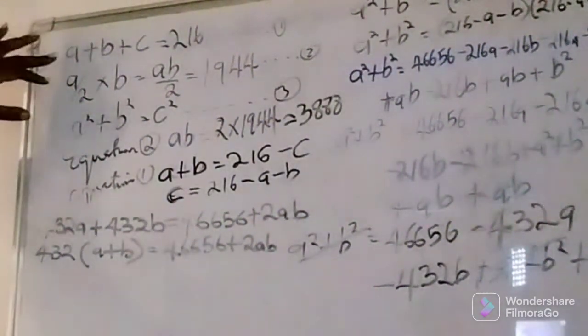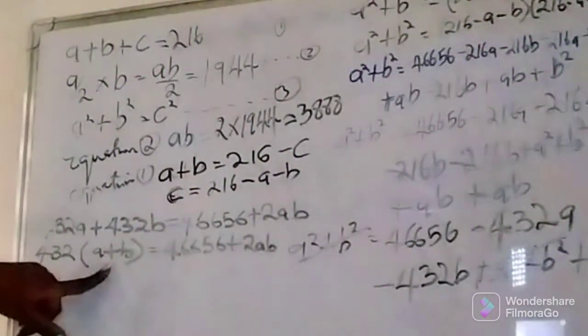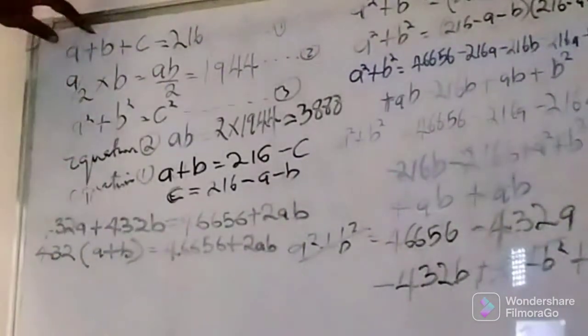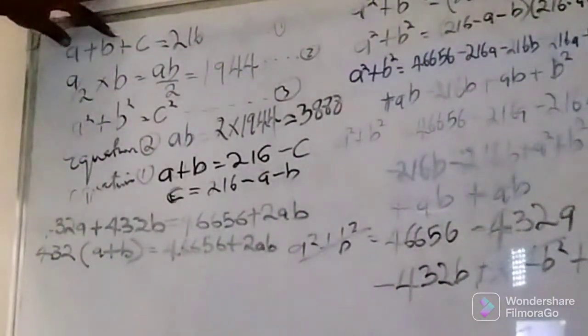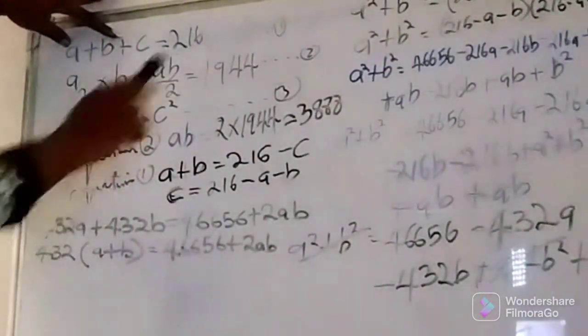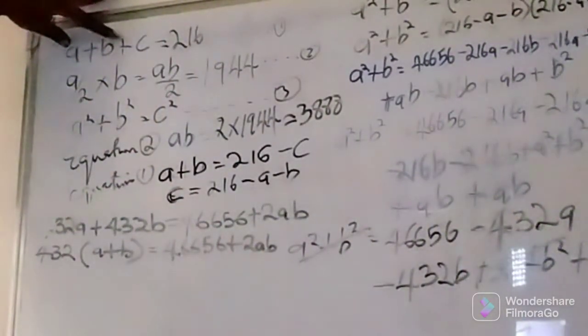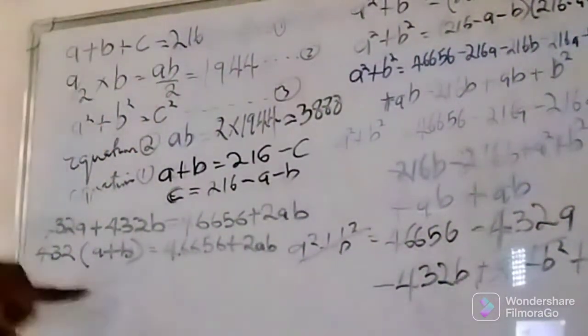So if we substitute ab in this function, what are we going to have? Remember, ab is equal to 216 minus c. How did I get 216 minus c? If I move c over, it becomes minus. So let's substitute into this equation.